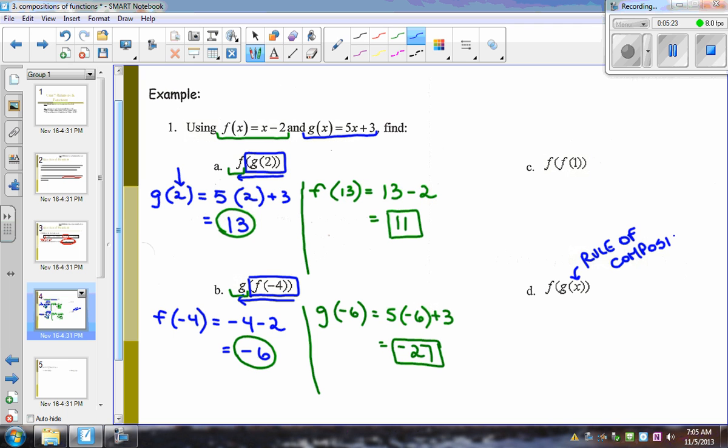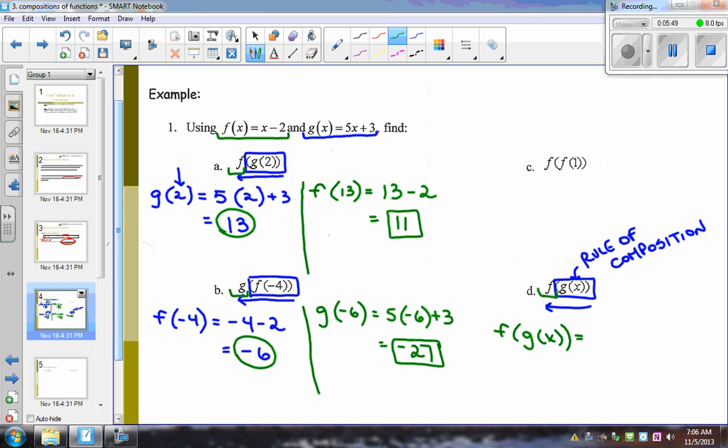And literally what we do here is we take the first function we see, which in reading backwards happens to be g of x. We're actually going to take all of that function and plug it into the variable for f. So the way this would work, f of g of x would look like as follows.